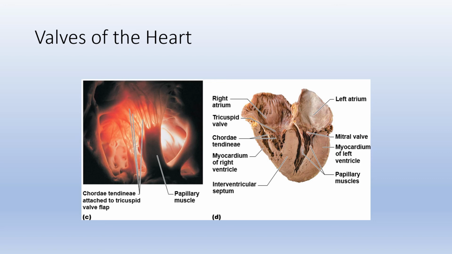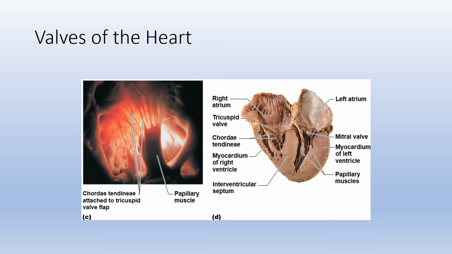This view is taken from inside of the right ventricle. You are able to see the papillary muscle with the chordae tendineae coming off of the top of it and anchoring to the flaps or to the cusps of the tricuspid valve.